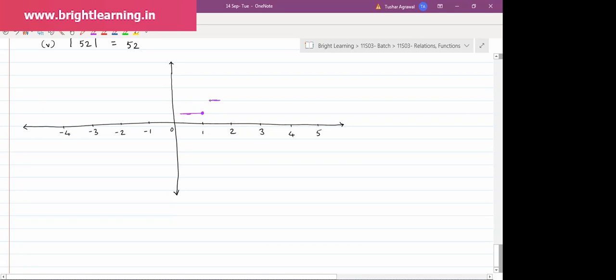If you approach x equal to 1 from the right direction, meaning 1.1, 1.01, 1.001, 1.0001, 1.00001, the graph will be constant at y equal to 2. But at x equal to 1, it is 1.